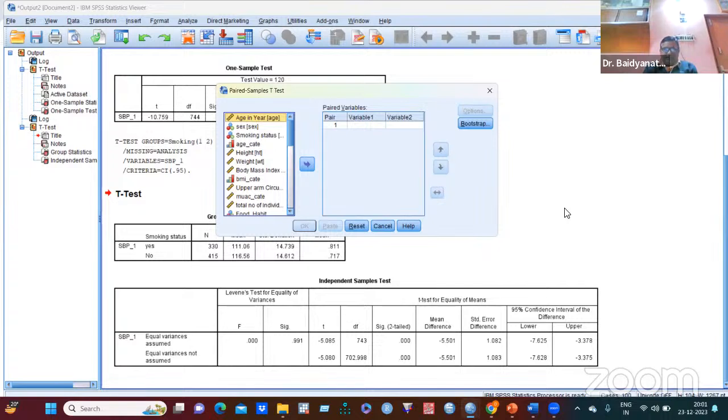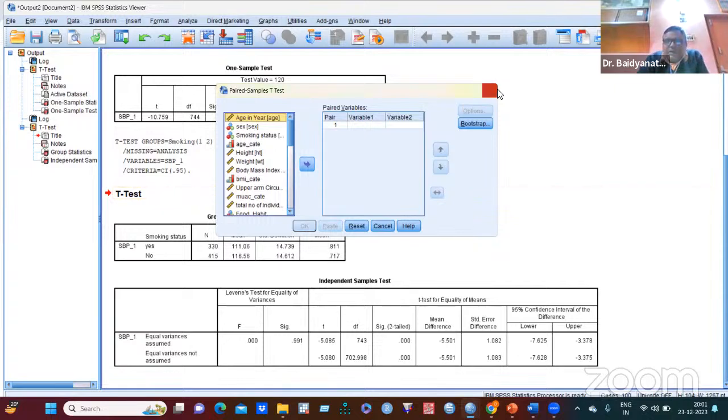We take the first blood pressure measurement, and after 1 month, again we check the blood pressure for the same individuals. Before and after, we get the two means and standard deviations also. Then we want to check whether there is any significant difference between the two means or not.